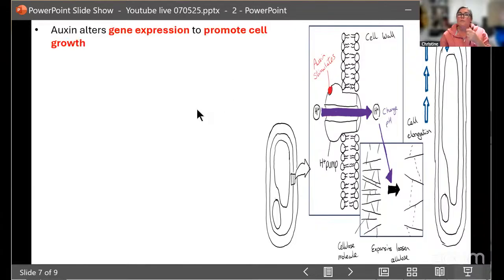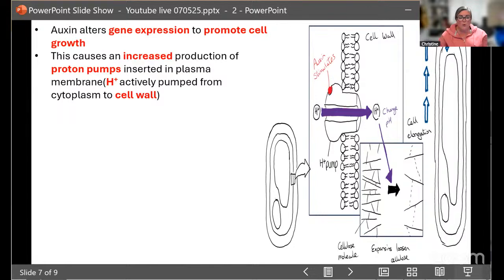And what it will do is when it gets there, it is going to alter gene expression. So remember when I said before that I believe the regulation of genes is going to come in? They could link it to plants. So auxin alters gene expression. It's a hormone that's going to bind to a receptor. When it binds to a receptor, it causes the increased production of a proton pump.